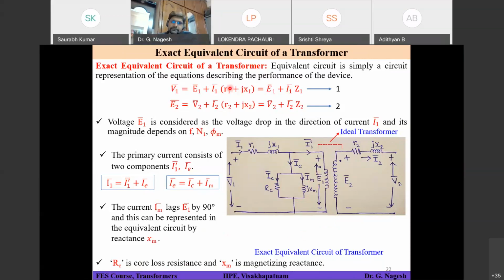Then these two equations are represented in the form of a circuit in this fashion. This is called the equivalent circuit of a single phase transformer. Okay, so now these two windings, what I am showing here, are like ideal windings. That means the effect of the resistance in the primary winding is shown here, R1.